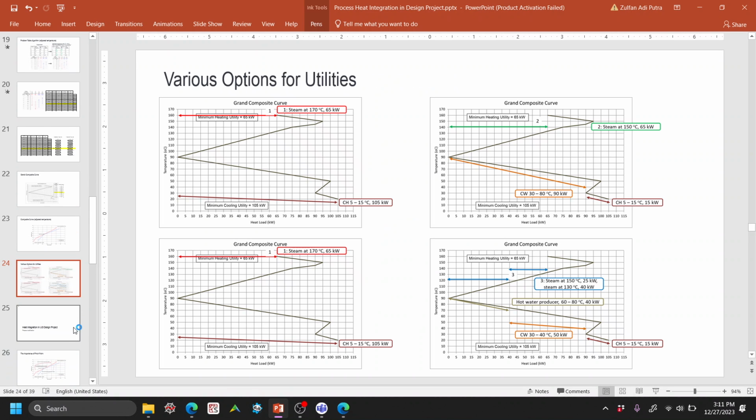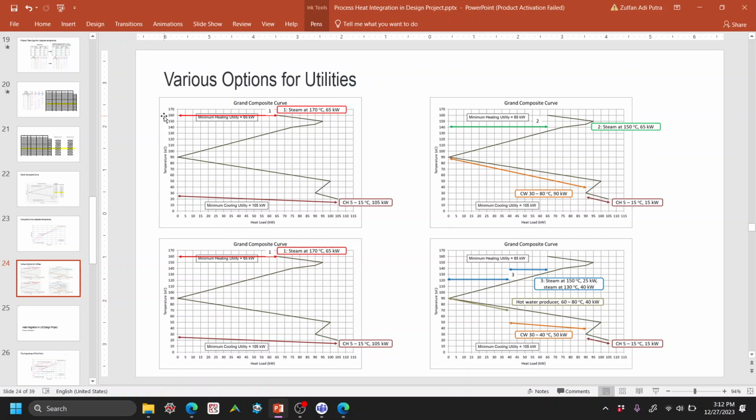So what's the importance of this grand composite curve? The importance is that we can design various utility systems. Say, for example, the easiest one: we typically assign, so we have to supply a hot utility at 160 degrees C, the adjusted temperature.